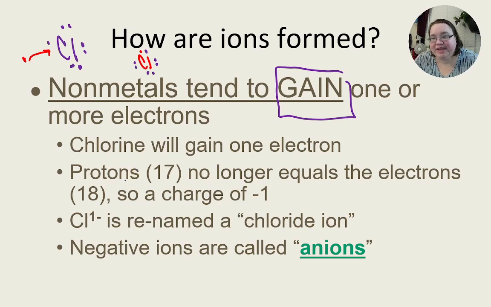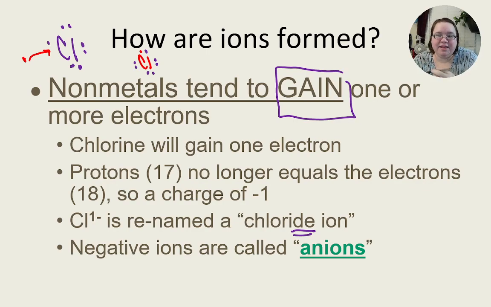So that chlorine, when it gains that electron, it changes its name. It no longer is chlorine. It becomes chloride. So for most of the nonmetals, we end up dropping everything except the first syllable. So nitrogen becomes nitride.